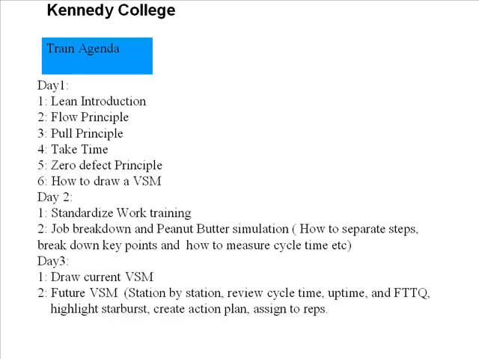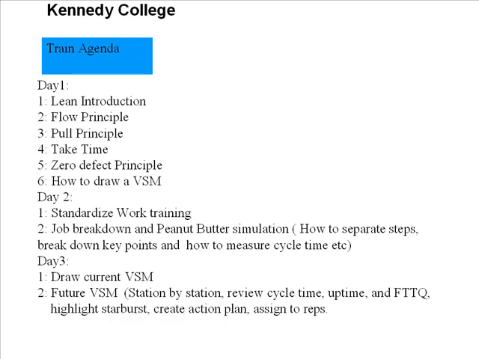So these kinds of issues we can identify in the current state. And then we can create corrective actions. We can develop an action plan to help us achieve the future state.